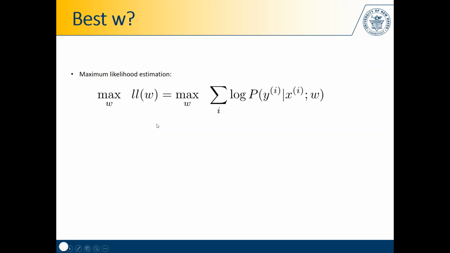So we can formulate it as the maximum over W of this summation, this log of the probability of each class being the correct class given the feature that we're dealing with, a particular sample.